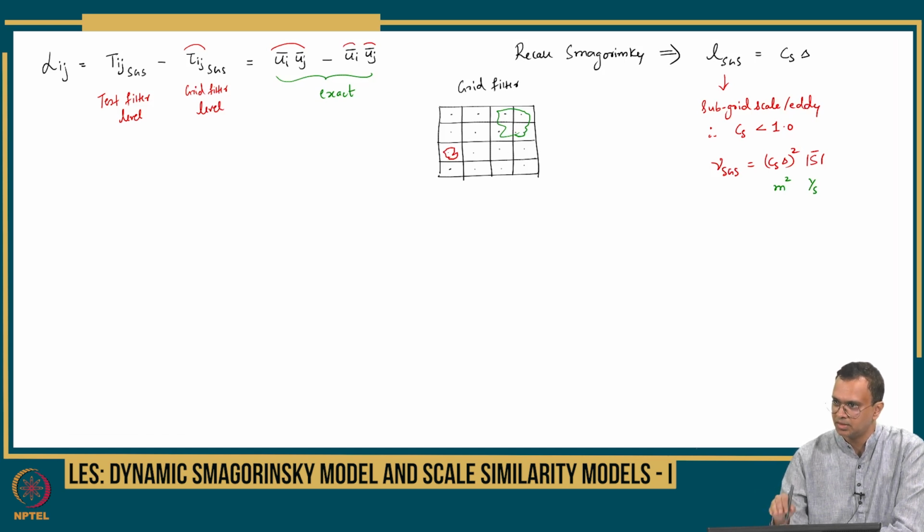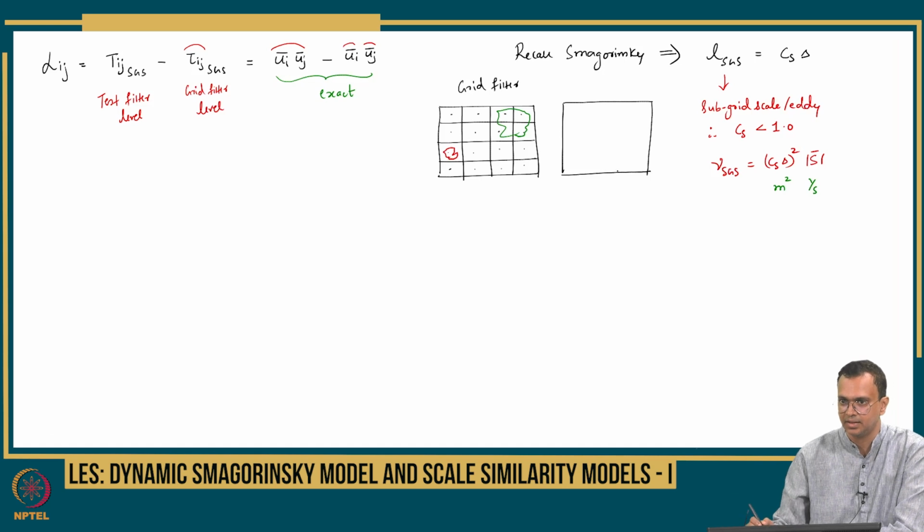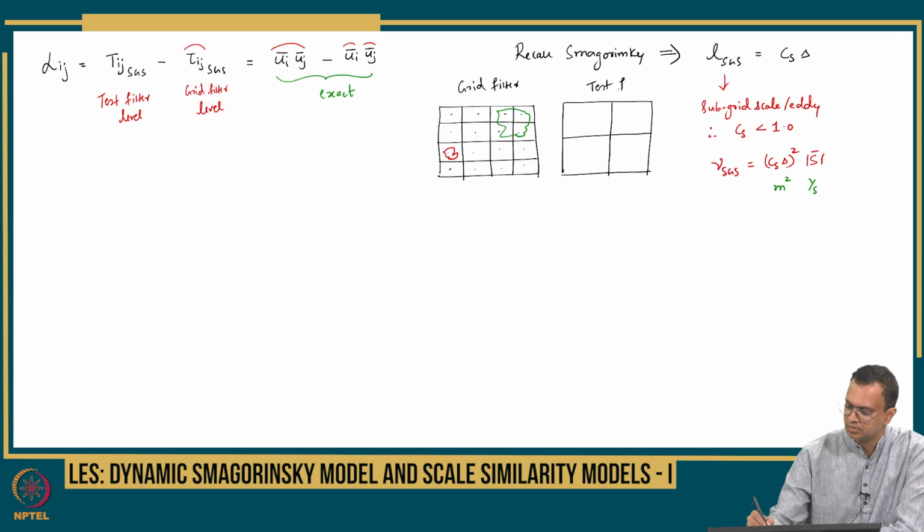I can make it a subgrid eddy at the test filter level, right? That is the idea. So what we just did is we said, okay, we make a test filtering operation, that is after calculating at the grid level, I make a test filter, right? So this is our test filter.